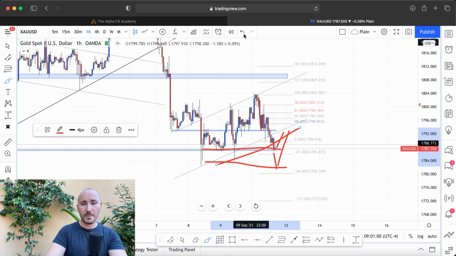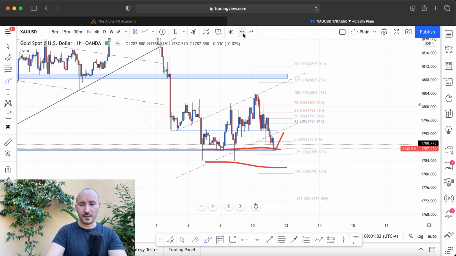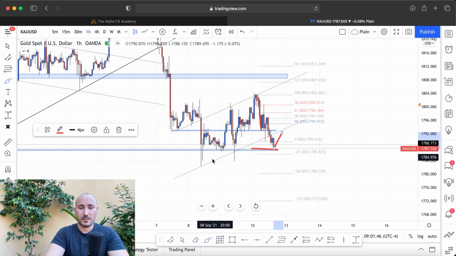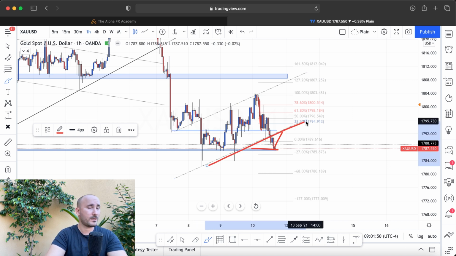But what you can do is look for these obvious retests. If price respects the 1787 level, and if price pulls back to this bottom trend line, then you can enter into a sell position. So if price comes back to this ascending trend line, retesting the bullish flag pattern, bearish flag pattern, so this ascending trend line or descending, whatever, the bottom trend line, guys, if price comes back to retest this level, then there's your sell opportunity at 1792.